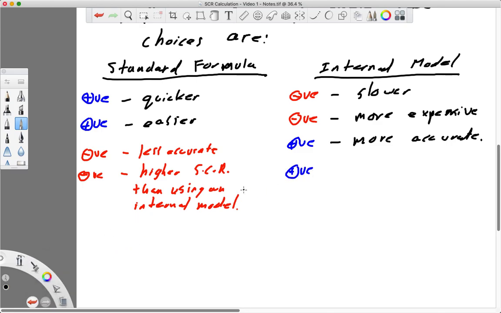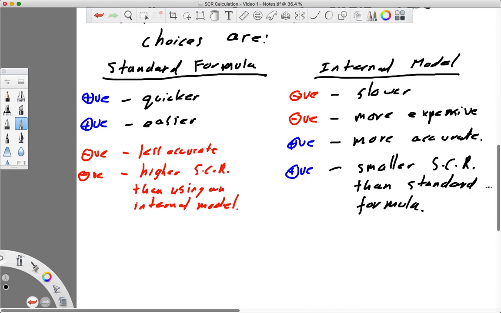Positive: smaller SCR than standard formula.